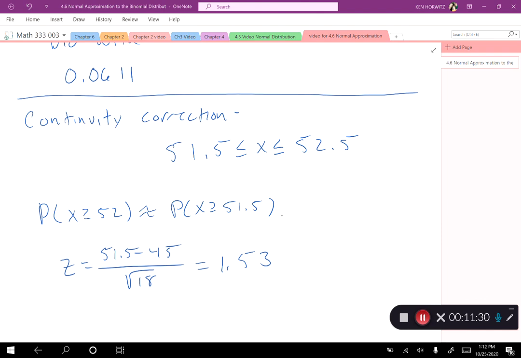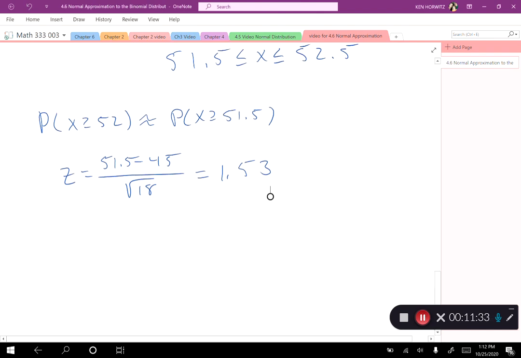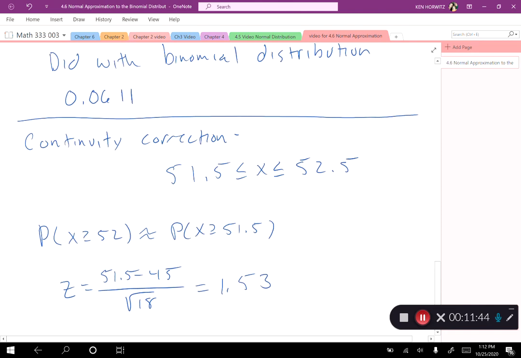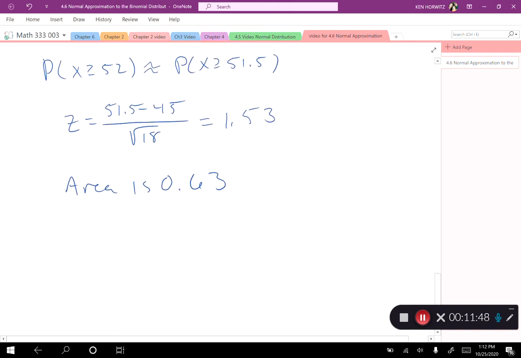So from there, I go to my chart, I do my area, and I find that my area is 0.63, which is, as we can see, much, much closer to our binomial distribution.